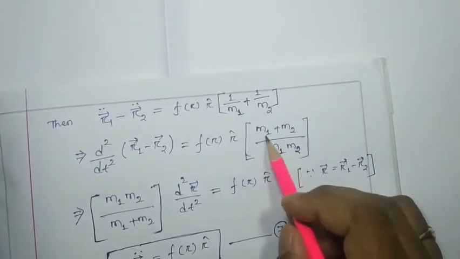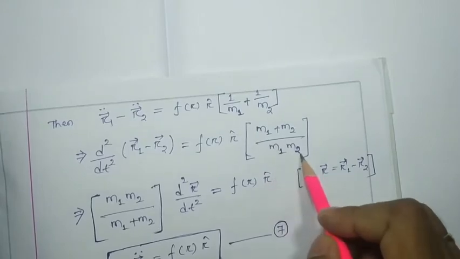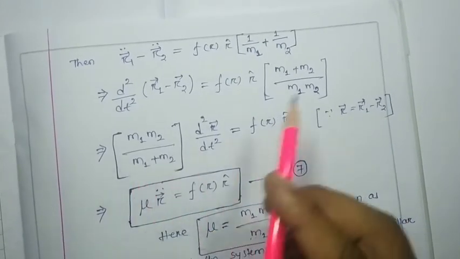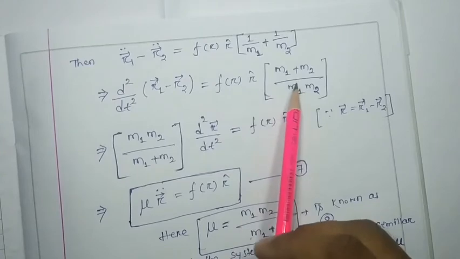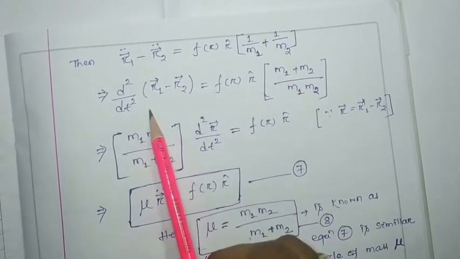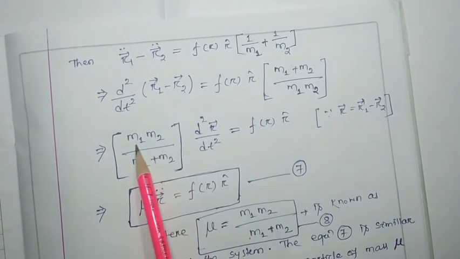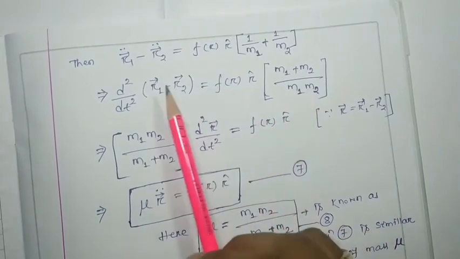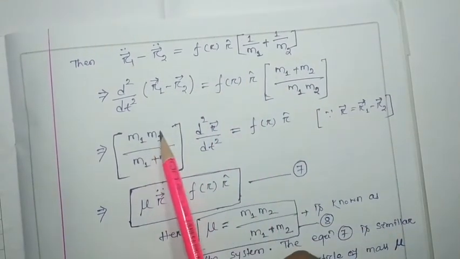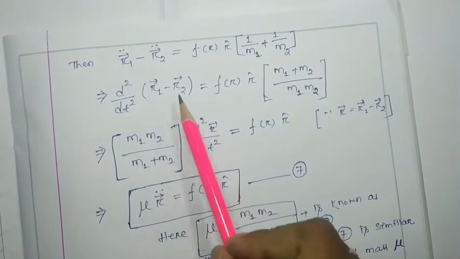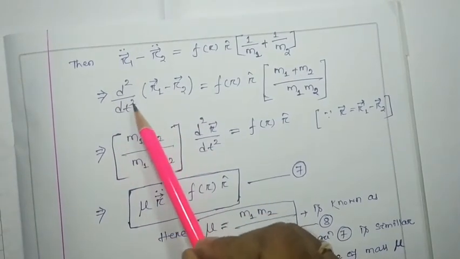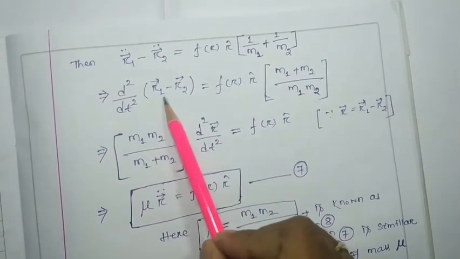It will be m1 plus m2 by m1 into m2. Taking this to the other side, m1 m2 moves to the numerator: m1 m2 by m1 plus m2 into d square by dt square, r1 minus r2.